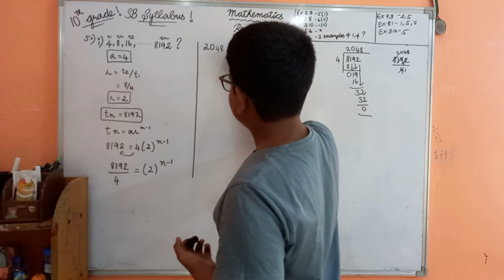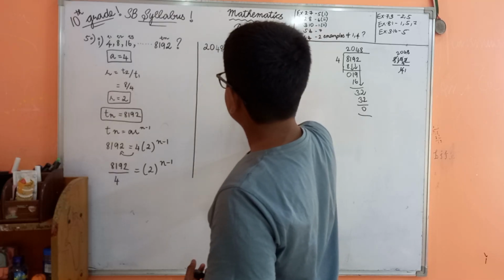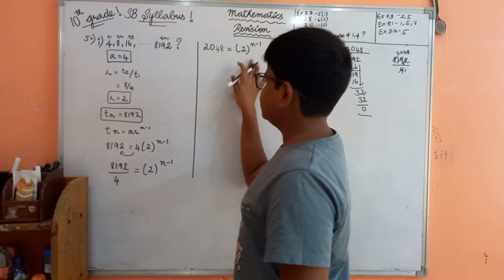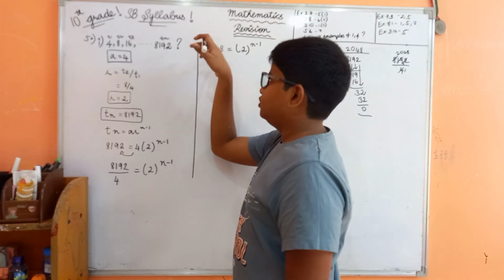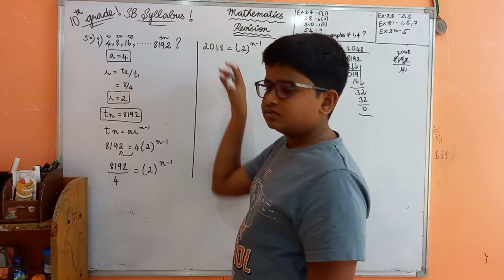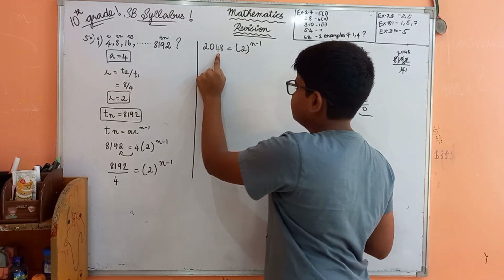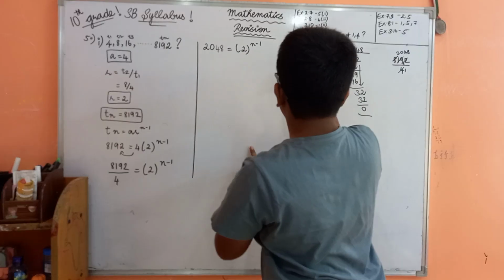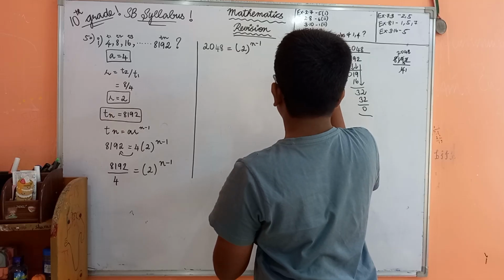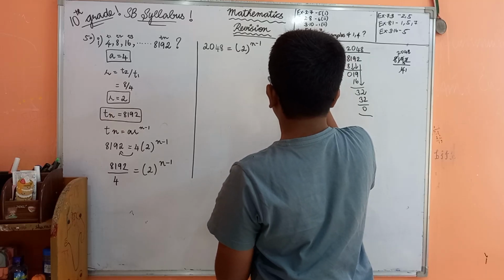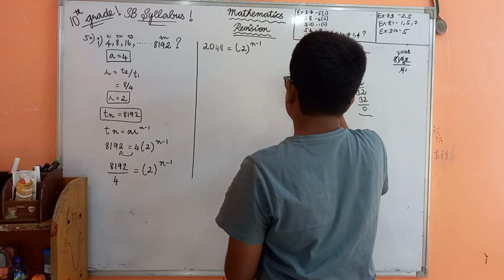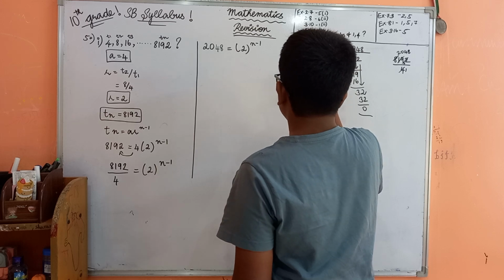2048 is equal to 2 to the power n minus 1. So you can see that the n is in the common ratio form. So you can also write 2048 in terms of the common ratio, which is 2. So we have to divide it by 2 repeatedly. 2048 by 2. 1, not 0, so I put 0, 2, 4.